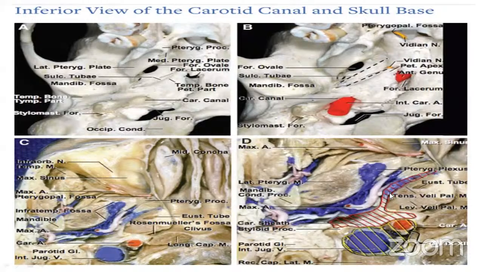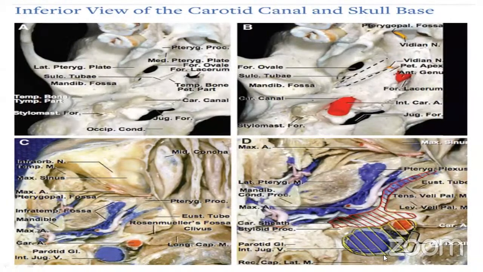In this magnified view, we have shown the Rosenmüller fossa or the pharyngeal recess. Basically, the Rosenmüller fossa is divided into the pre and post styloid segments. Here we can see the pre-styloid segment, which is basically a fat containing space between the medial pterygoid muscles and the nasopharynx, containing the tensor veli palatini muscles and the eustachian tube.